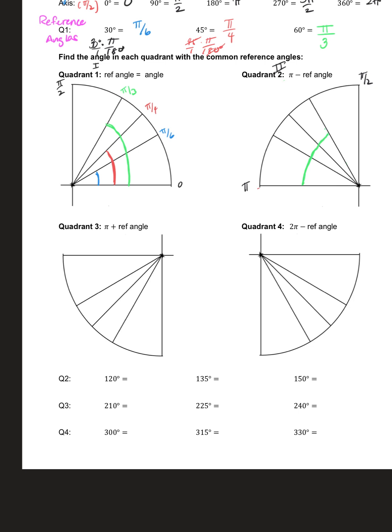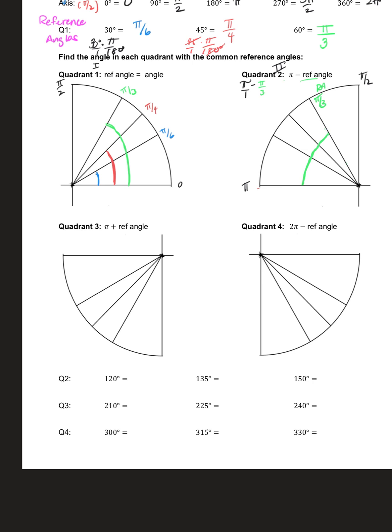So we know the reference angle here is pi over 3. That's our reference angle. So now what's the angle itself? What we need to do is take 180, which is pi, minus the reference angle, which is pi over 3. Find a common denominator between those two.